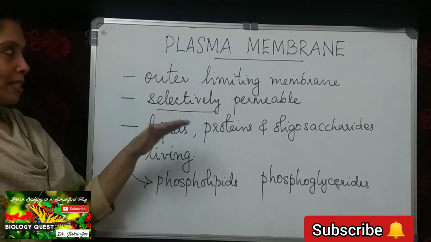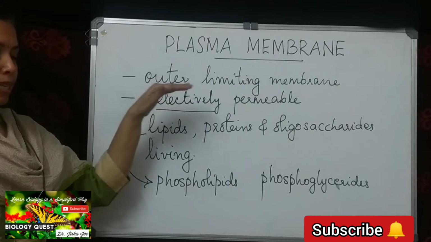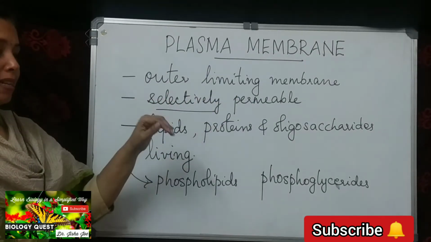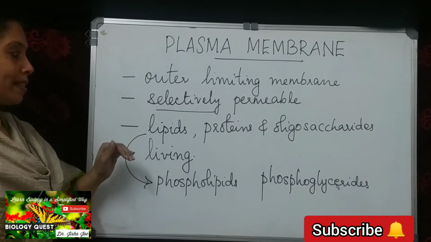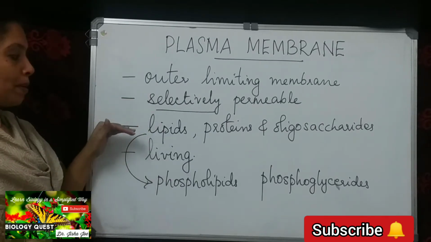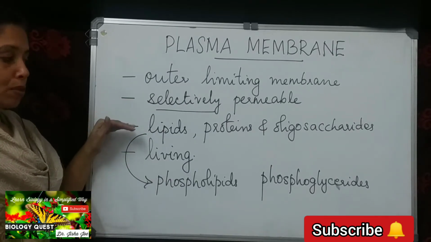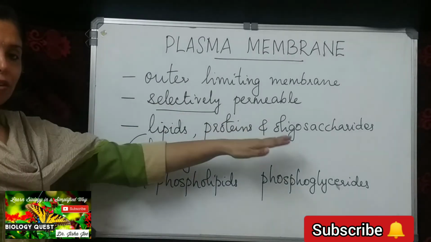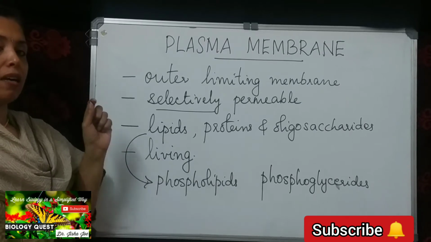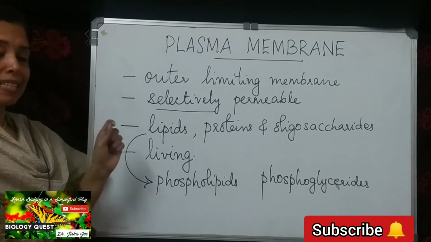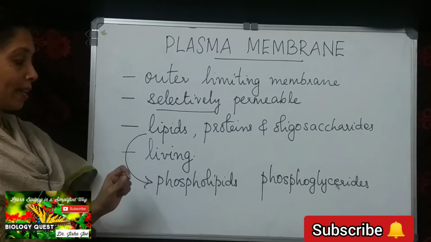Once again, plasma membrane is the outer limiting membrane in animal cell. It is the layer inner to the cell wall in the case of plant cell. It is a selectively permeable membrane, composed of lipids, proteins, and oligosaccharides. Oligosaccharides are carbohydrate molecules having a relatively small number of monosaccharide units.